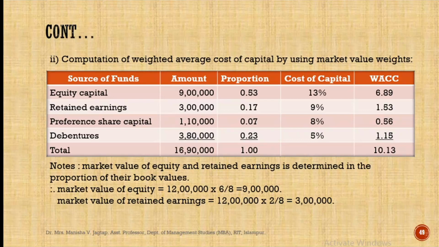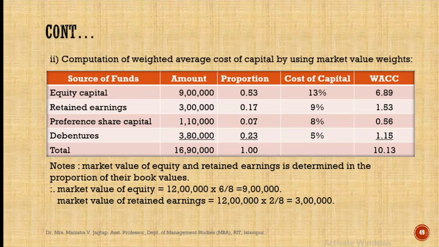Just by multiplication, we are able to compute the total weighted average cost of capital of the various sources of the given organization by using market value weight.